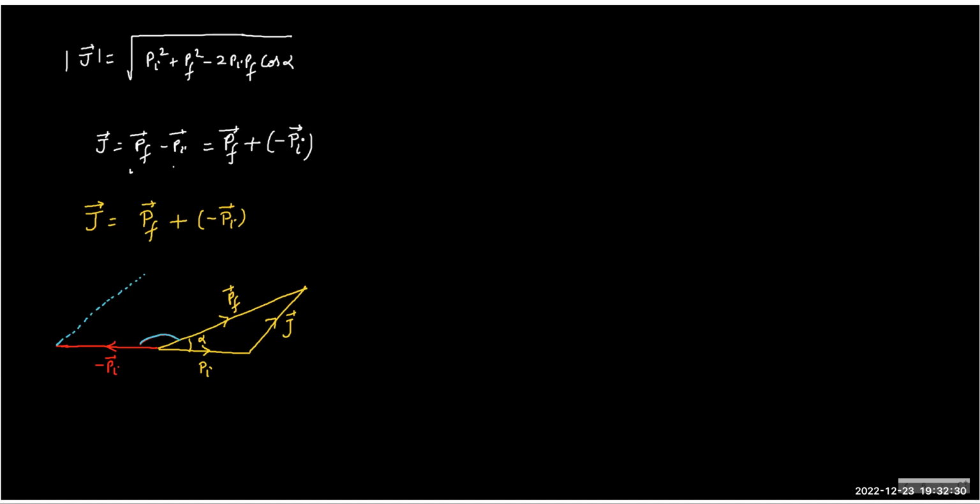If you make the parallelogram, it looks like this, and the J vector must be the same whether you draw it here or here. I will make it a dotted line because this is not an actual line. Is this clear?